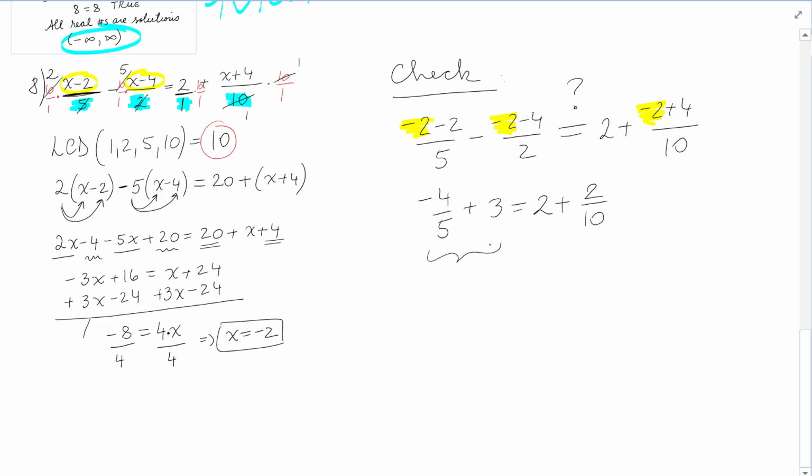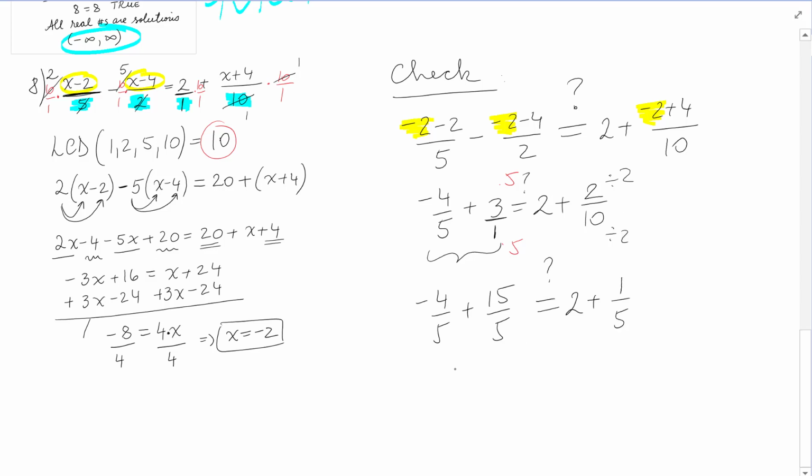So now let's add two fractions. I put 3 over 1, and I'm going to multiply by 5 over 5 to have the same denominator. So negative 4 over 5 plus 15 over 5. Does that equal the answer on the right? So that's 2 plus 2 over 10. Both of them can be divided by 2. So it's plus 1 over 5.